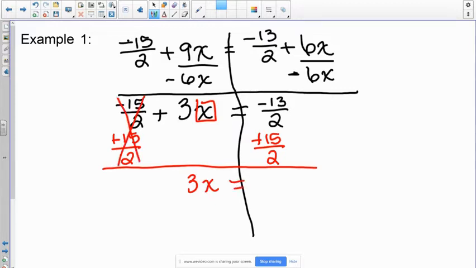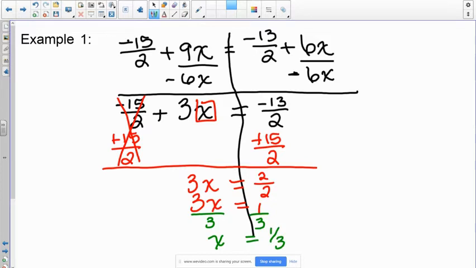And that equals, well, negative 13 plus 15, we can just add those since the denominators are the same, and that becomes 2. Since the denominator is 2, we got 2 halves, or known as 1. So I'm just going to rewrite it with 1. And then we're going to divide by 3 on both sides, my third step here. And then x equals 1/3.